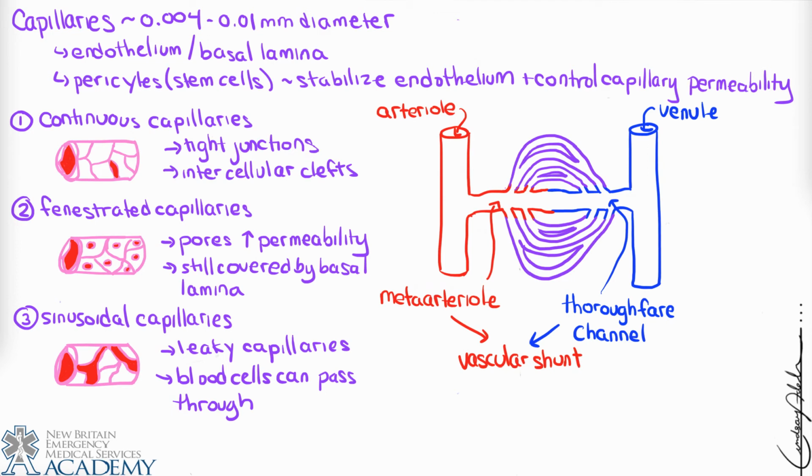So together, these two items, the meta-arteriole and the thoroughfare channel, are referred to as the vascular shunt. So the blood will flow in the arteriole and it will flow across the vascular shunt into the venule. And then certain factors will determine whether or not that blood also enters into the true capillaries.